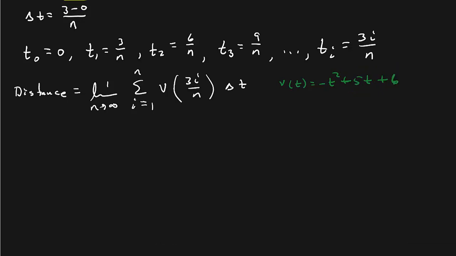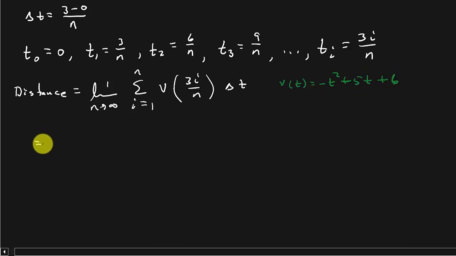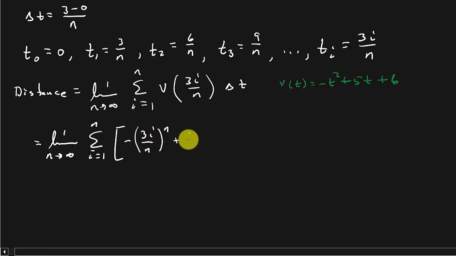All right, so this is going to be what? This is the limit as n goes to infinity, sum i equals 1 to n of, well, negative 3i over n squared plus 5 times 3i over n plus 6.